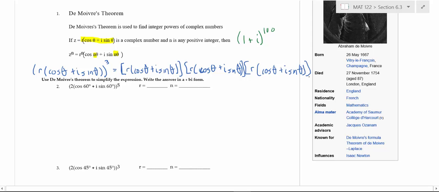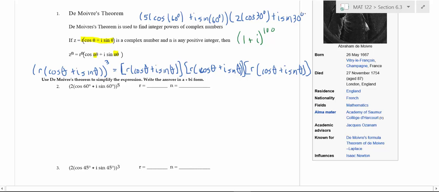Okay, so the idea behind this is something we learned, and I'm just going to review it at the top here. For instance, if you had something like 5 times cosine of 60 degrees plus i sine of 60 degrees, multiplied by 2 times cosine of 30 degrees plus i sine of 30 degrees.